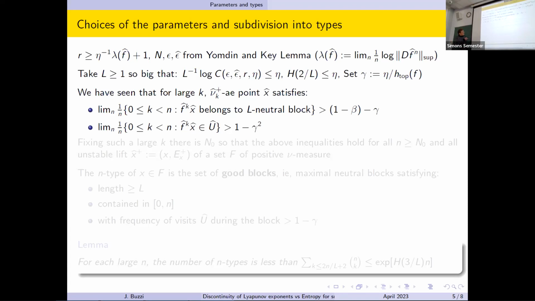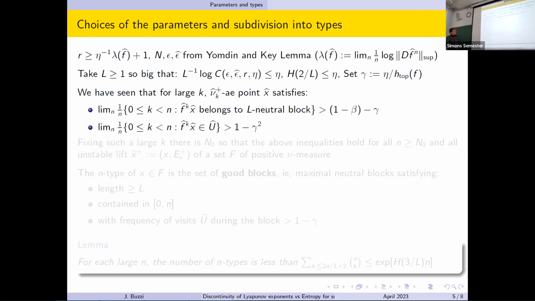For the second one, we stated it in this way. In the key lemma, we just spoke about mu hat. Mu hat is the limit of the nu k. Well, U is some set that the key lemma tells us there is: you give me a limiting measure mu hat, I give you some parameters like gamma.